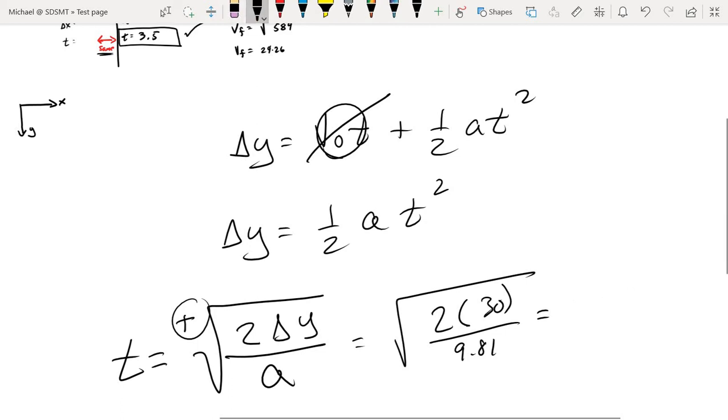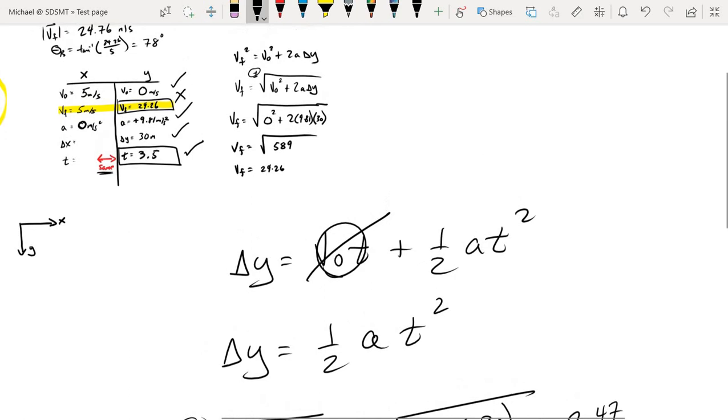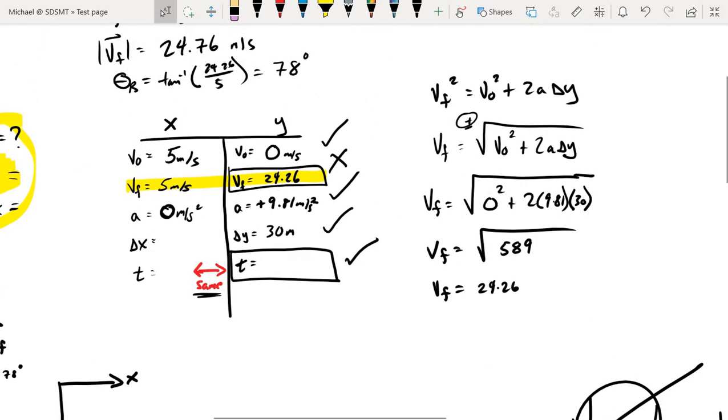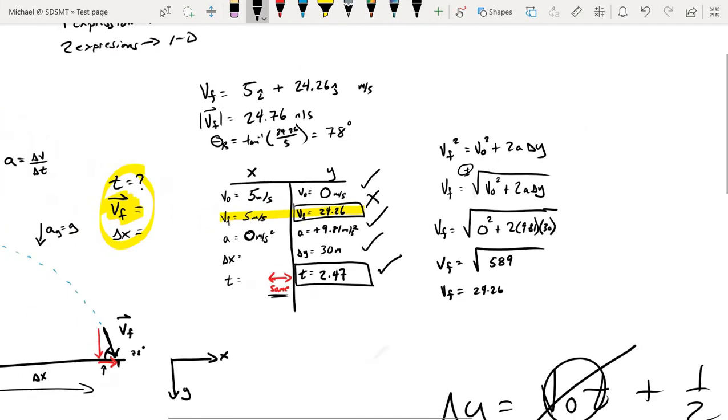I thought that looked a little too big. It should be 2.47. Don't know why my calculator gave me 3.5, but we would have found that error when we check our work.